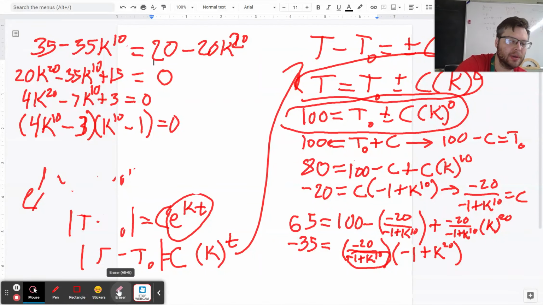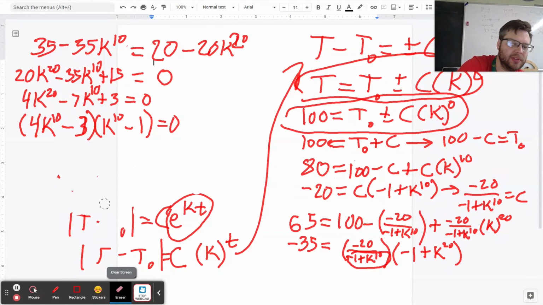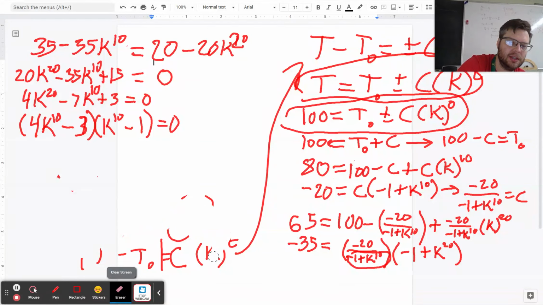You could also have used the quadratic formula. You just would have been solving for it in terms of K to the 10th. But I think this works out because the 3 times 1 is 3, and I have 4 times 1 and 3 times 1. Yeah, that makes 7.